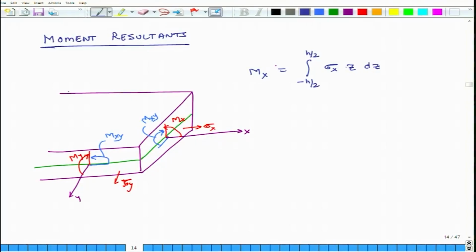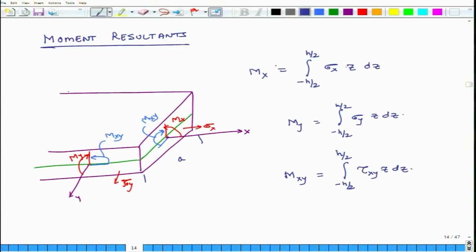Suppose I multiply this by the entire length A, then it will be the actual moment. Similarly, my is the integral from minus h by 2 to h by 2 of sigma y z dz, and mxy is the integral from minus h by 2 to h by 2 of tau xy z dz.